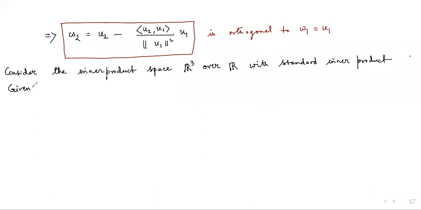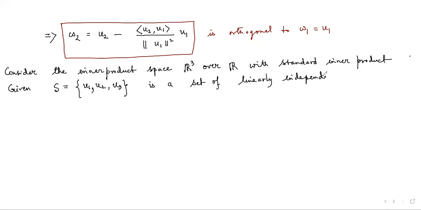Given S is equal to a set containing three vectors u1, u2, u3, a set of linearly independent vectors. Set of linearly independent vectors.